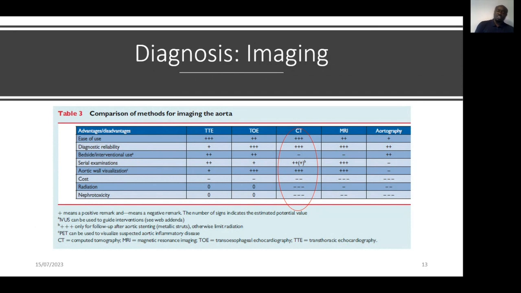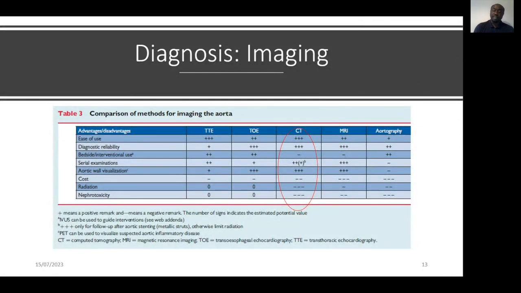The next common, I would say, will be TTE or TOE, the echocardiogram. Now, the echo will only show you up to the ascending, so the root and ascending aorta. The TOE, transesophageal echocardiography, which we do in theaters, can show us the ascending aorta too.